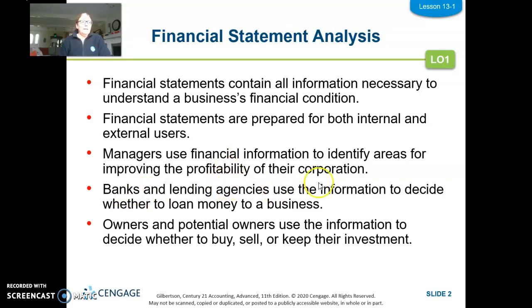Banks and lending agencies use it to determine whether or not they want to even let our company borrow money from them and whether we have assets for collateral and things like that. And owners and future owners want to use the information to determine whether or not they want to buy more stock or sell the stock they have, keep their investment, what are they going to do, will they get dividends, will they not, that kind of information. So that's what they're doing when they're analyzing.